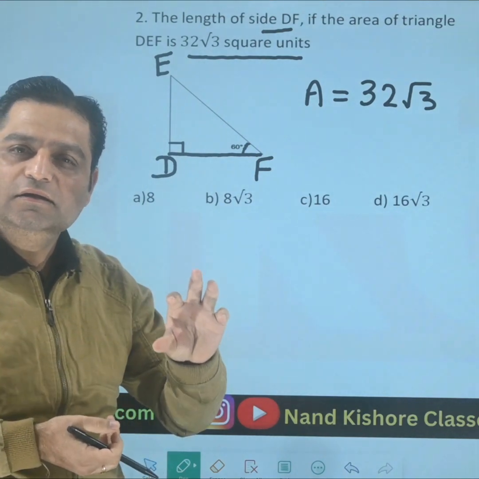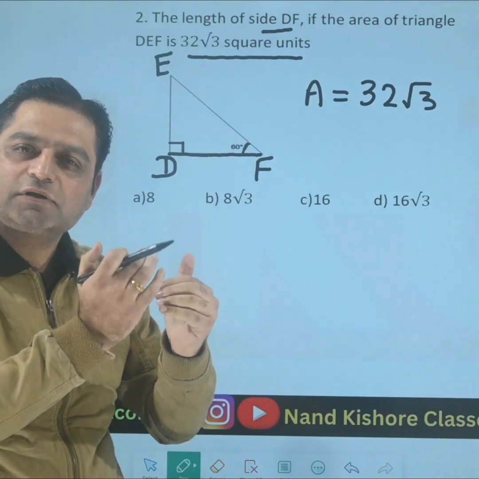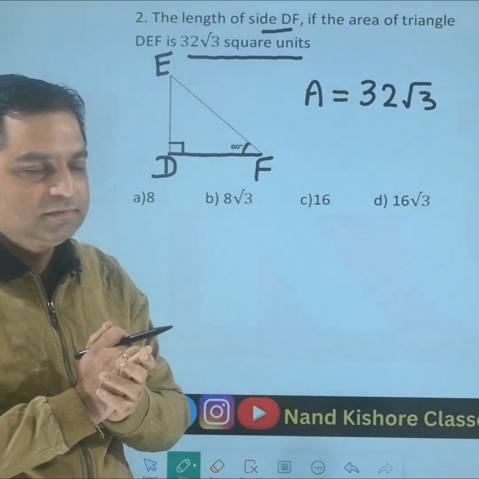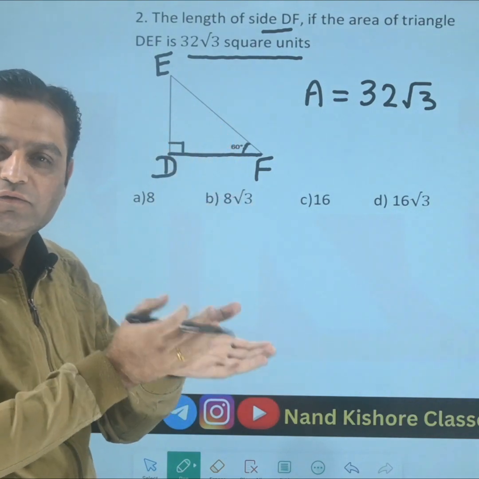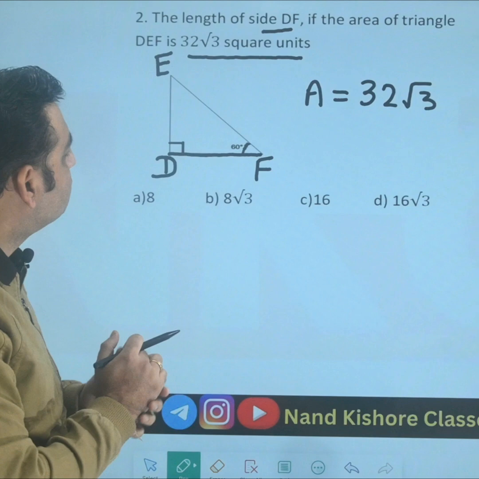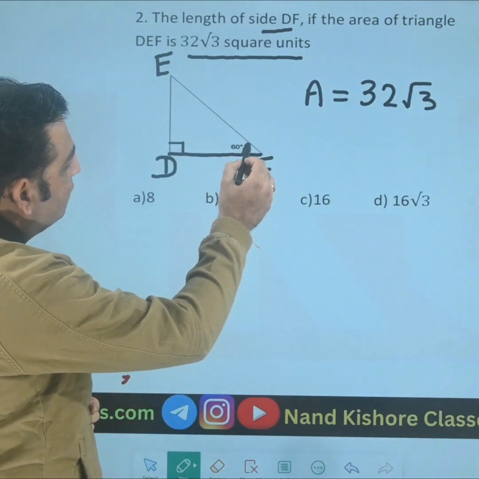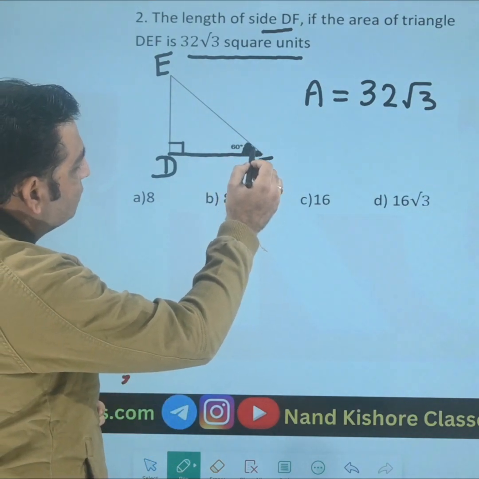We know that area of a triangle is given by half times base times height. But what is base and what is height? In fact, base I need to find. Then I thought of that angle given is 60 degree, this one, this angle.